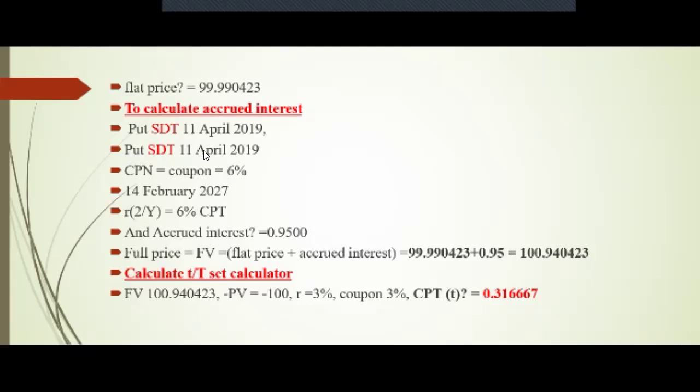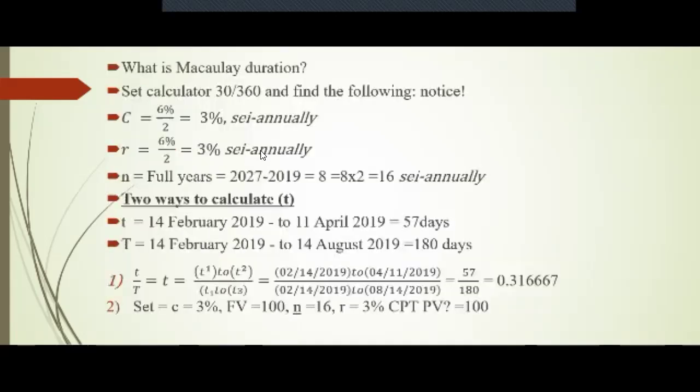Then the coupon rate is 3 also because it's semi-annual. We will compute N here, so we will get the same number that we got here. So there are 2 ways to calculate t here.